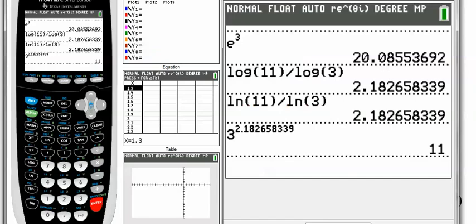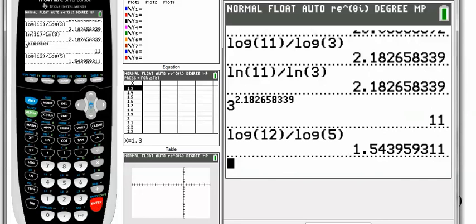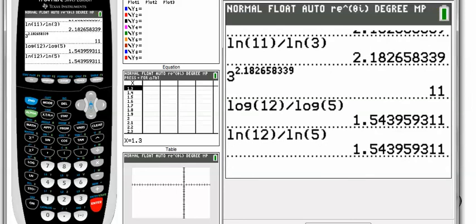Well, that's just log of 12 divided by log of 5. Or, hey, I felt like using natural log of 12 divided by natural log of 5. I think I hit the wrong button there. Same answer.